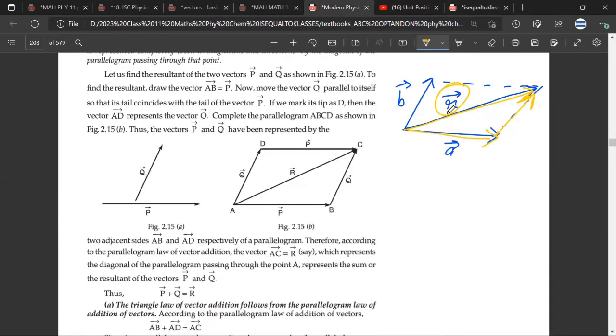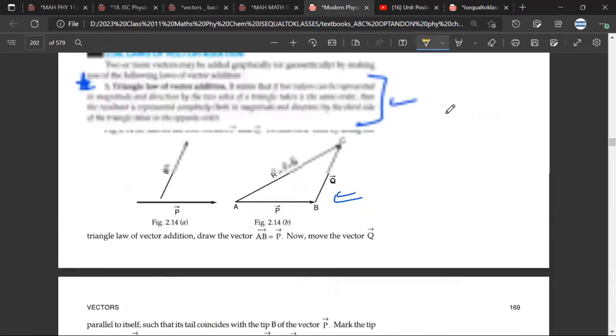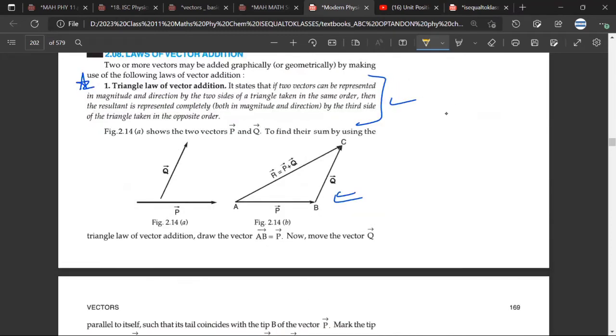So what I'm trying to tell you is that this is my first vector, this is my second vector, and this is the angle theta which is between them. What you need to remember and understand is that this is the first vector, this is the second vector, this is the resultant, and this angle is beta.